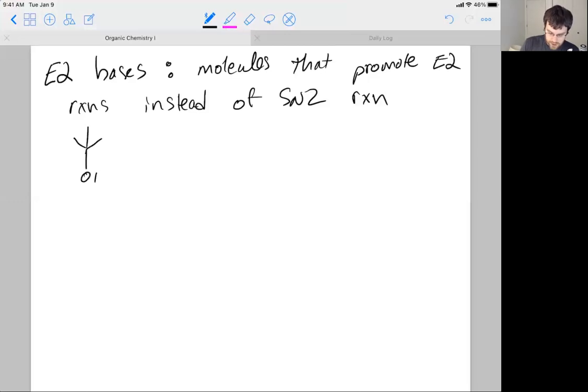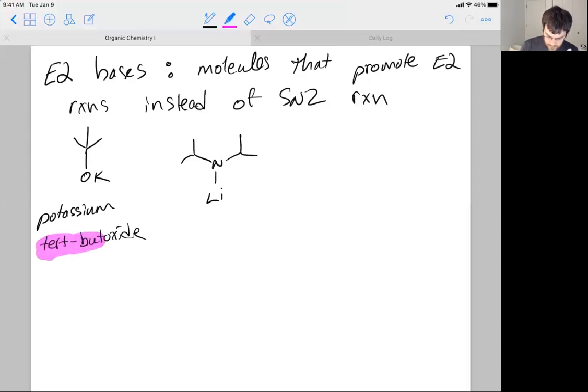I like to pick one of these two molecules. And so what we have here is potassium tert-butoxide. And so you can kind of see the tert-butyl group on this molecule.